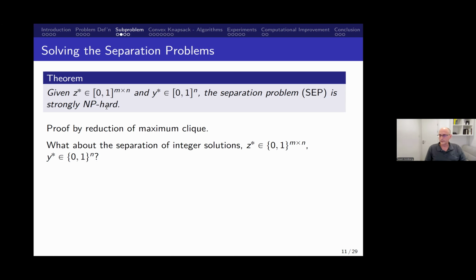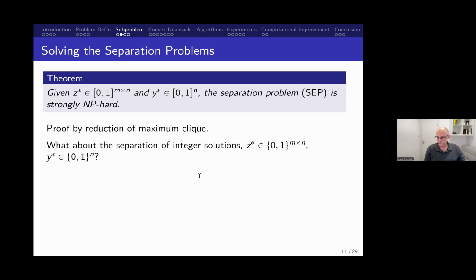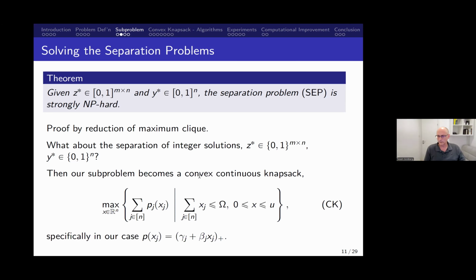And we considered the separation problem given an integer or binary solution Z star, Y star. So the question is now solving the previous objective that I showed you, given Y star and Z star that are binary, and it turns out that if they are binary, then the problem just becomes a convex knapsack problem. So just to give a hint, it becomes separable here in the objective.